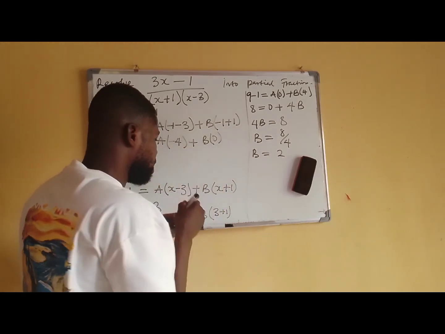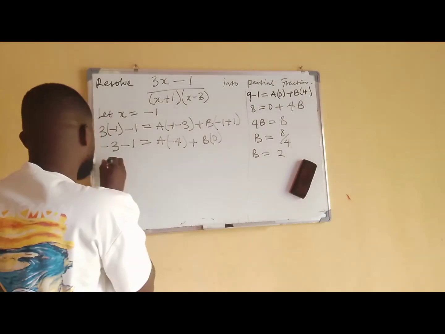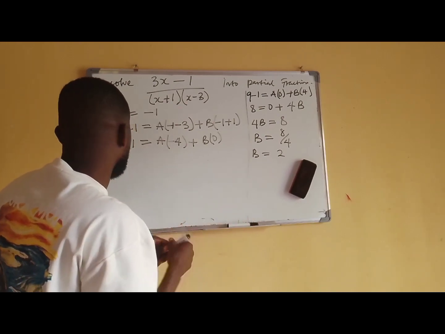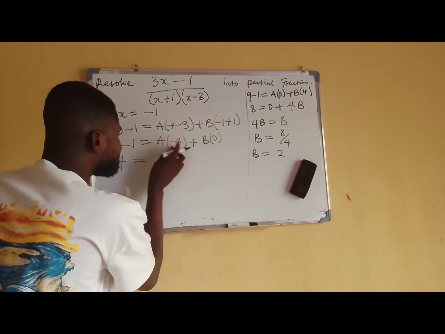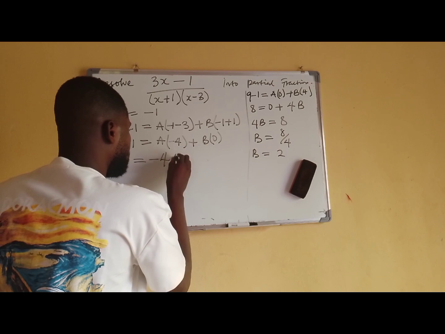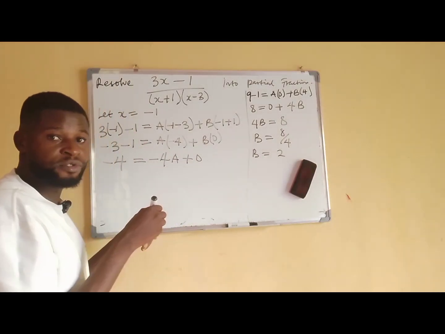From this point you say minus 3 minus 1 will give us minus 4, and this is equal to minus 4 multiplied by A will give us minus 4A plus 0. Any confusion?